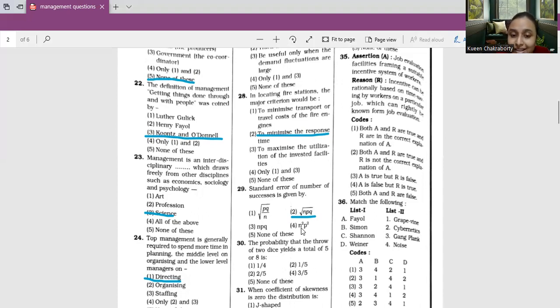The probability that the throw of 2 dice yields a total of 5 is 4 by 36, since the pairs of 2 dice that result in a total of 5 will be 1 plus 4, or 2 plus 3, or 3 plus 2, or 4 plus 1.